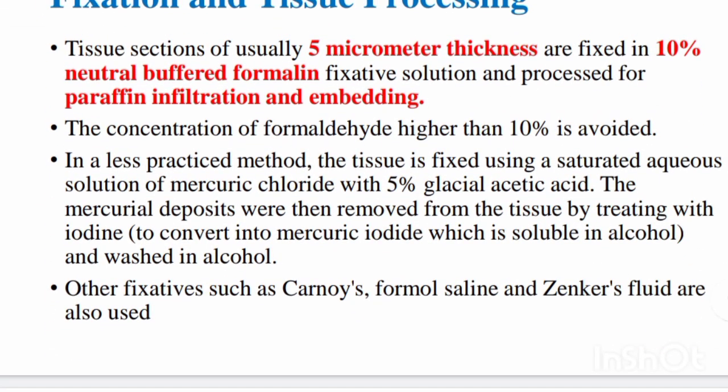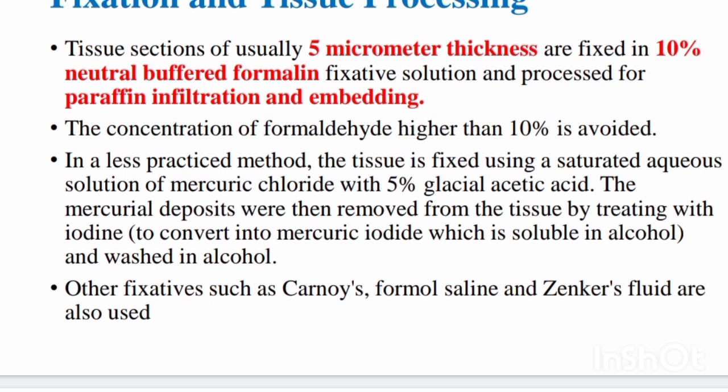Next we have fixation and tissue processing. We use 5 micrometer thick sections which are fixed in 10% neutral buffered formalin fixative solution, and we test it for paraffin infiltration and the fixation steps.